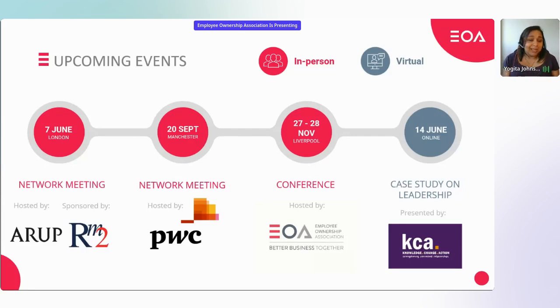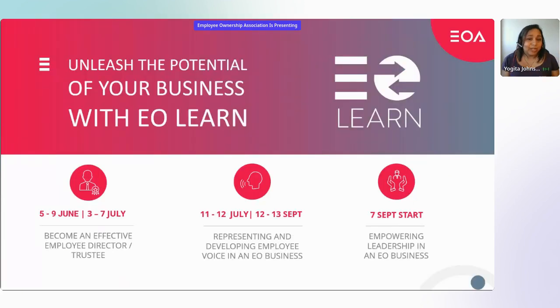And as well as that, we also have our EO Learn training courses. So, as I mentioned, we're all about making sure businesses have good employee ownership. And good employee ownership for us is good governance, good leadership, and good employee comms and engagement. And our courses are tailored towards that. It's around making sure you've got the right skills, knowledge, and experience to go ahead and become a thriving employee-owned business.